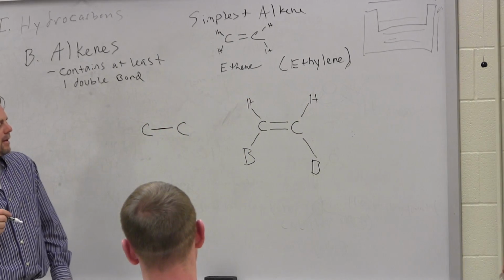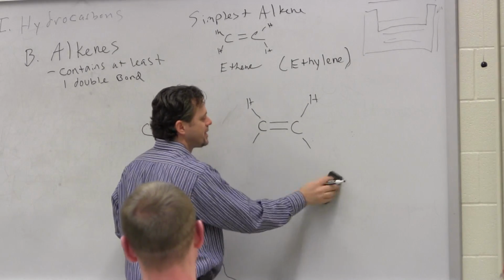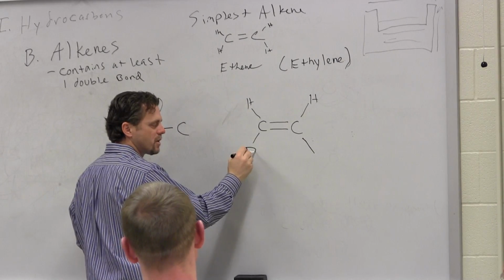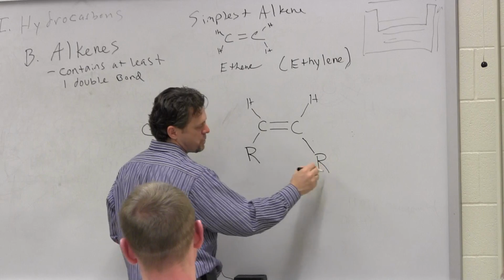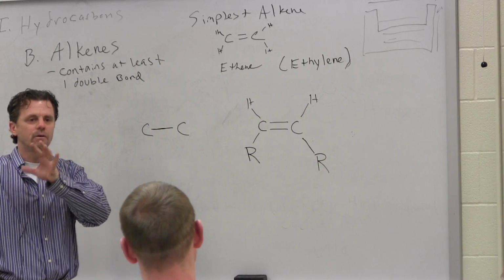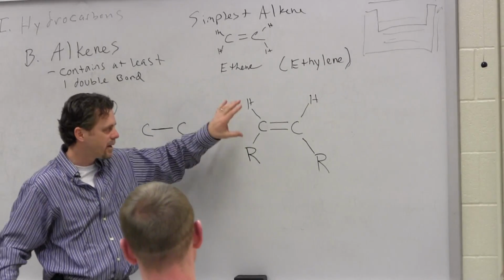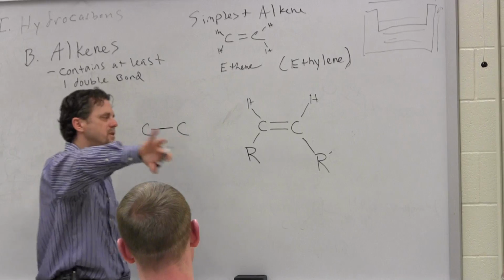Generally we use the term R in organic chemistry, which means any general alkyl group. We're not going to specify what that is, because what we're concerned about is this. So this could be R and this could be R prime, which means a different R.